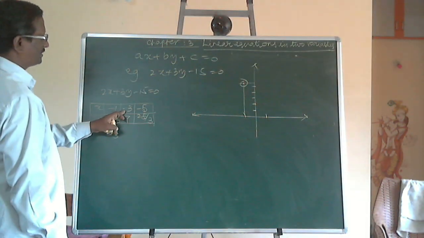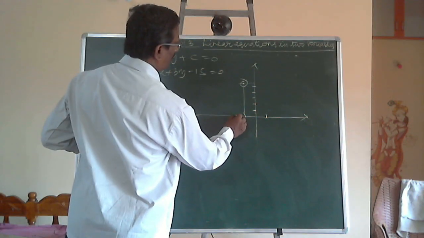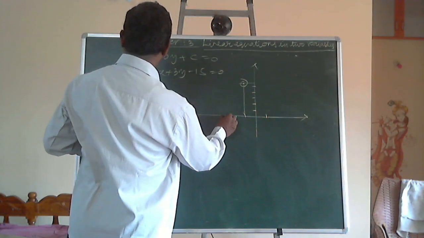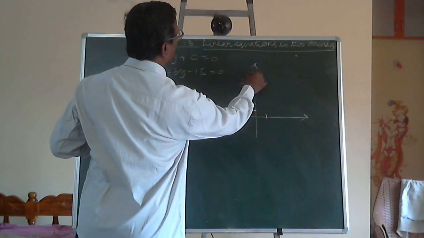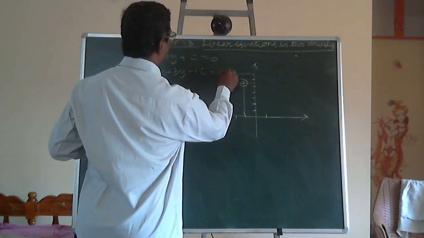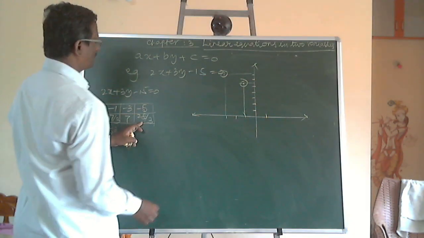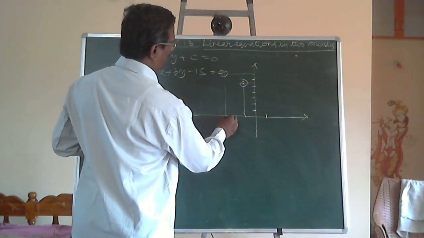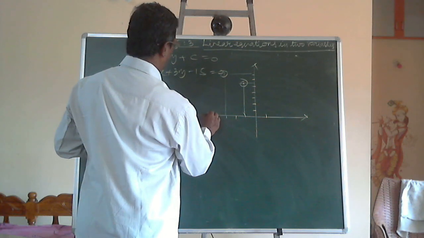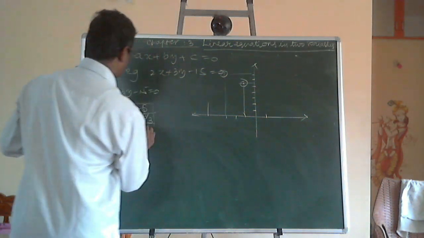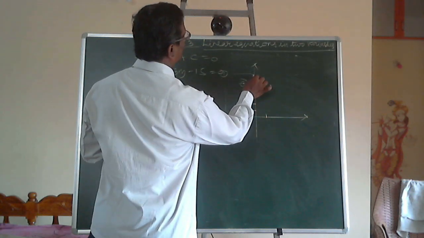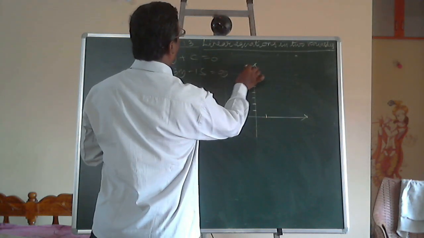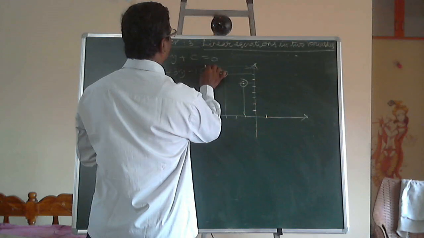X is equal to minus 3 and plus 7. 1, 2, 3, 4, 5, 6, 7. Minus 5 and 25 by 3. 1, 2, 3, minus 3, minus 4, minus 5 and 25 by 3. This is 8, 1 by 3. 1, 2, 3, 4, 5, 6, 7, 8. 8, 1 by 3. Approximately this value.